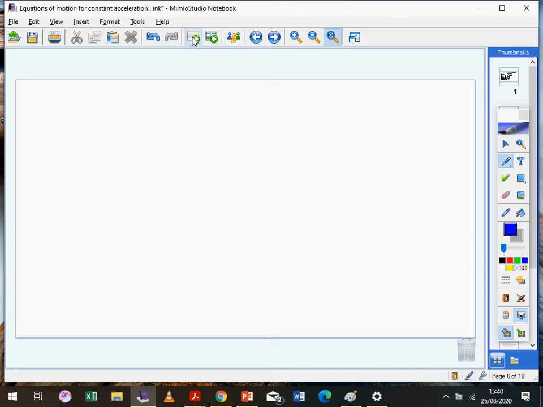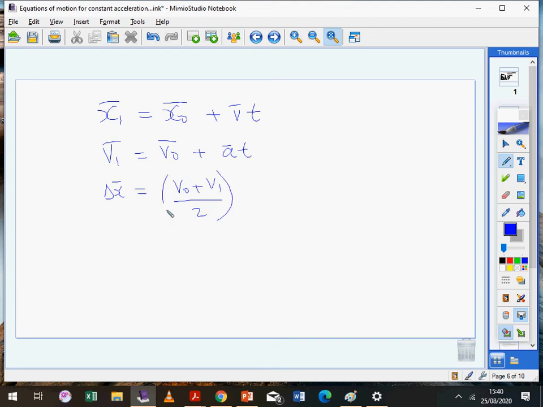So if we just go through them, the first one was x1 equals x0 plus vt. The second one is v1 equals v0 plus at. The third one is displacement equals v0 plus v1 over 2 times t. The fourth one is change in displacement equals v0 t plus half at squared.